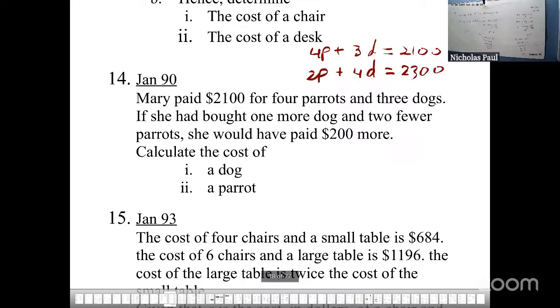Okay with that? So those are your 2 equations. Anybody confused? The question said 1 more dog and 2 fewer parrots. Now we are going to solve simultaneously.